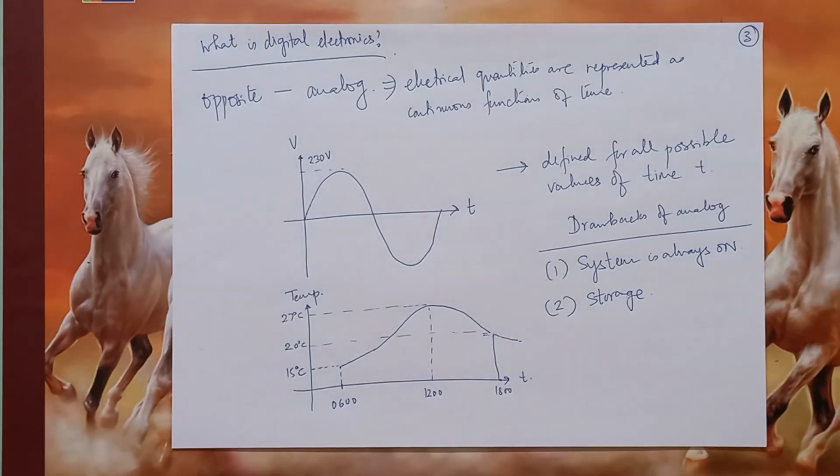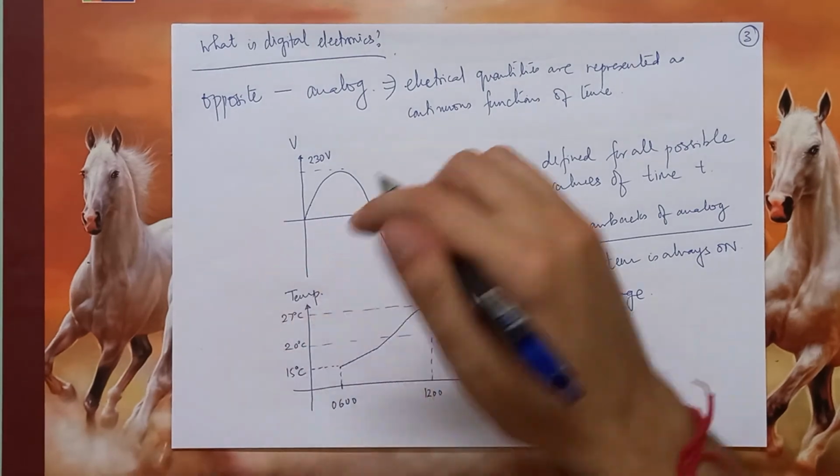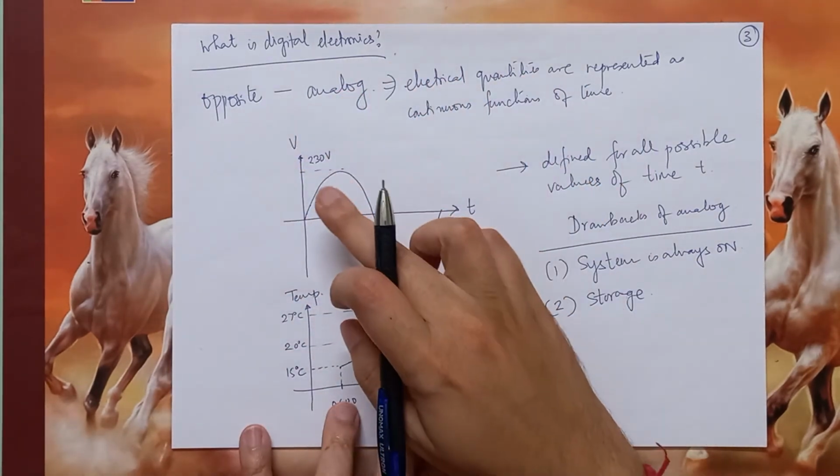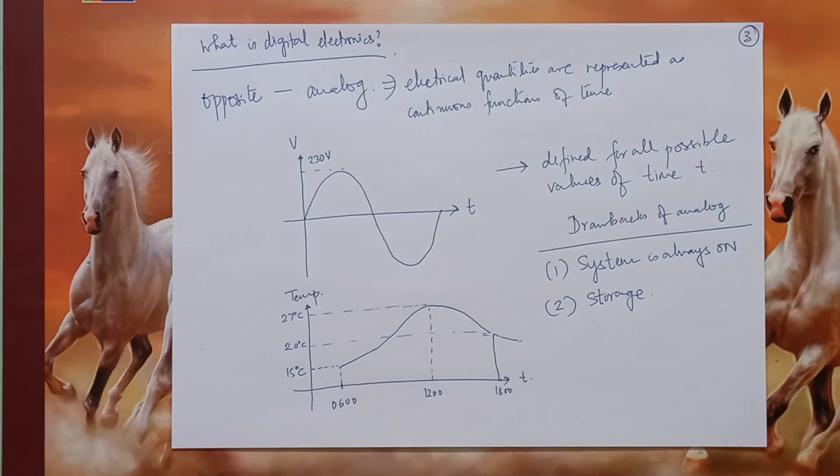So that's like saying, if I have an analog quantity, how many time instants of data can I collect?